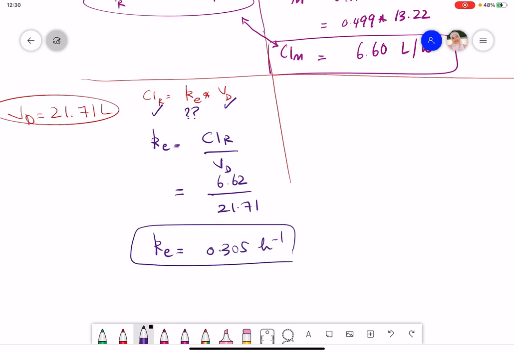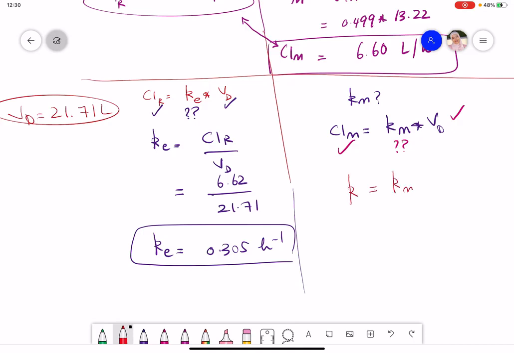For determination of Km, we can do the same thing: Km multiplied by Vd. I have this, I have this, I need this. Or you can just say that total K equals Km plus Ke, and we have this, and we need this. You can use any of them. So let's do this: metabolic clearance equals Km multiplied by Vd.